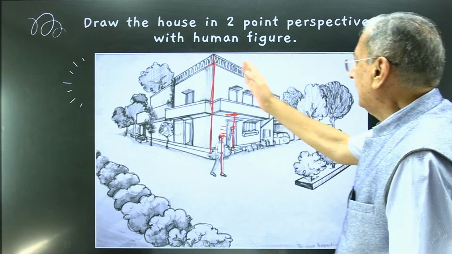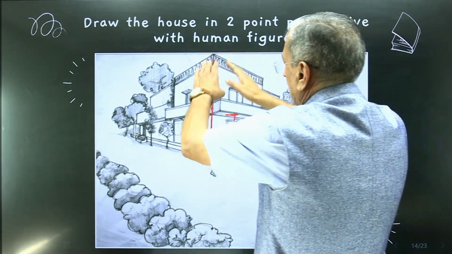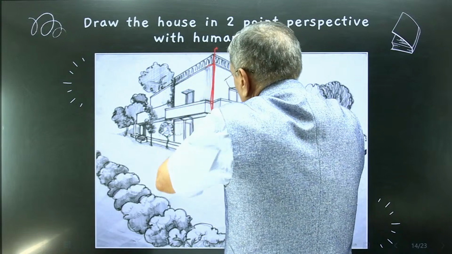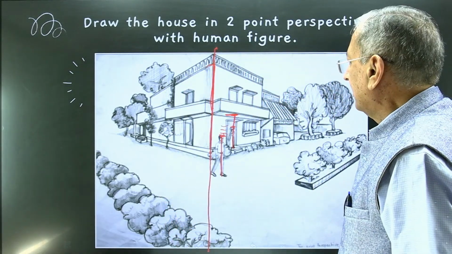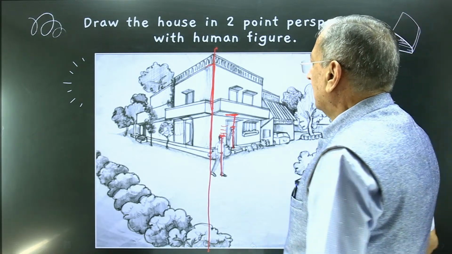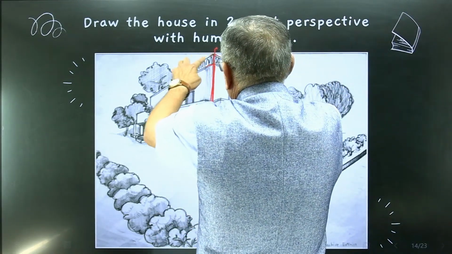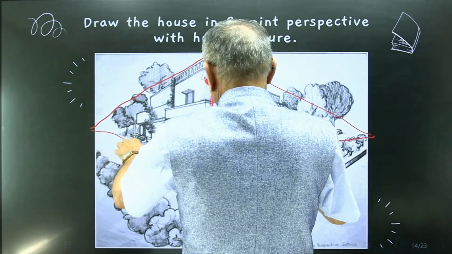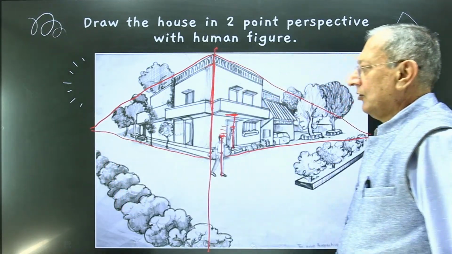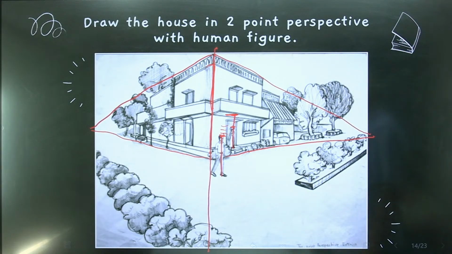And since one of the corners of this house is towards the line of a station, the 2 vanishing points would be on either side.